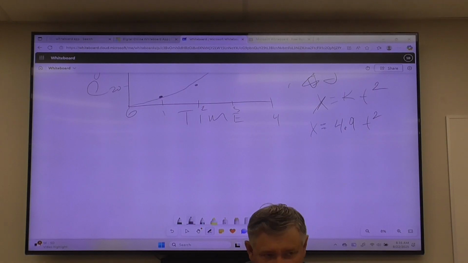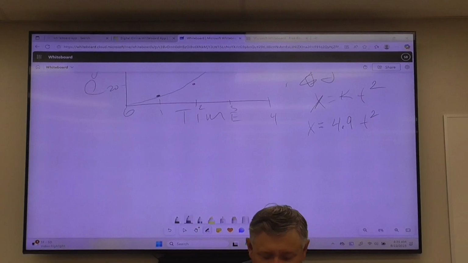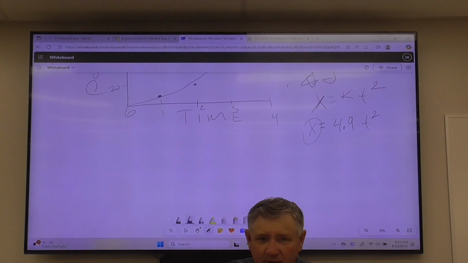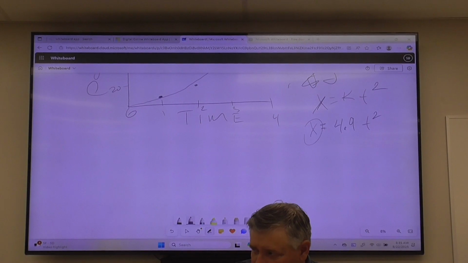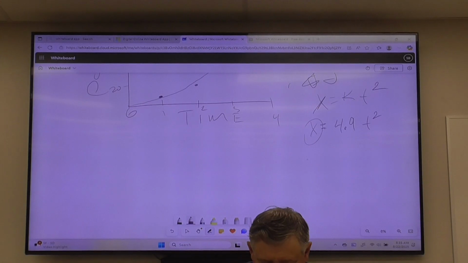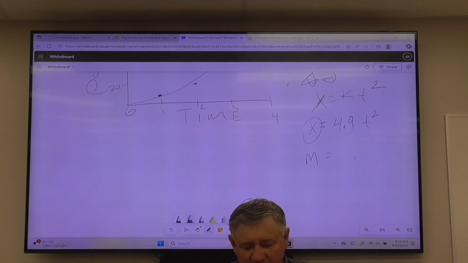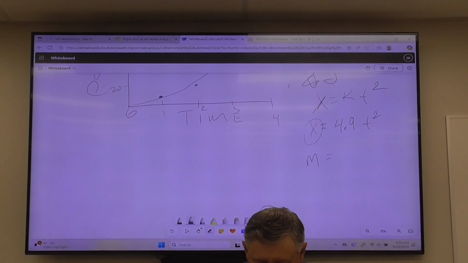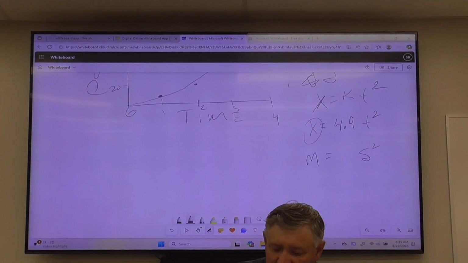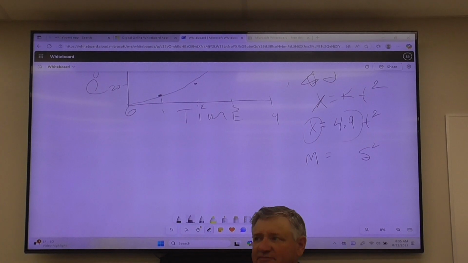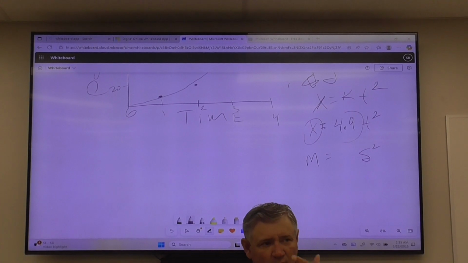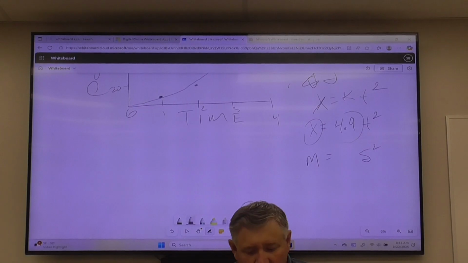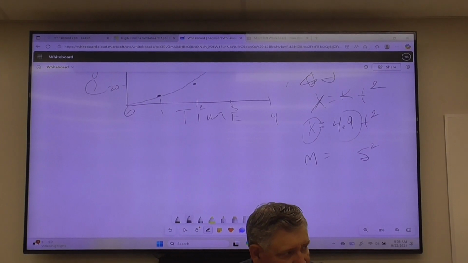Let's think this through. This is where you do dimensional analysis. Your x value is going to be measured in what units? Meters, because it's how far you've traveled. Time is going to be in seconds, so second squared. So what units does k have to have so that when I multiply it by second squared, I end up with meters?